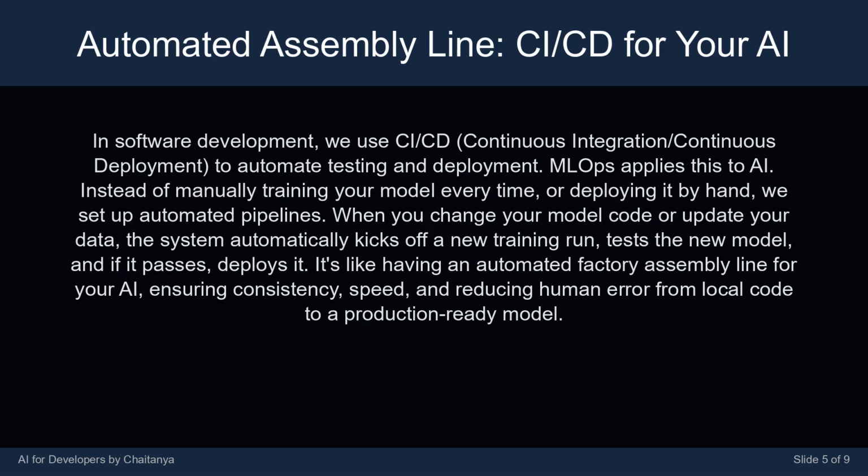When you change your model code or update your data, the system automatically kicks off a new training run, tests the new model, and if it passes, deploys it. It's like having an automated factory assembly line for your AI, ensuring consistency, speed, and reducing human error from local code to a production-ready model.